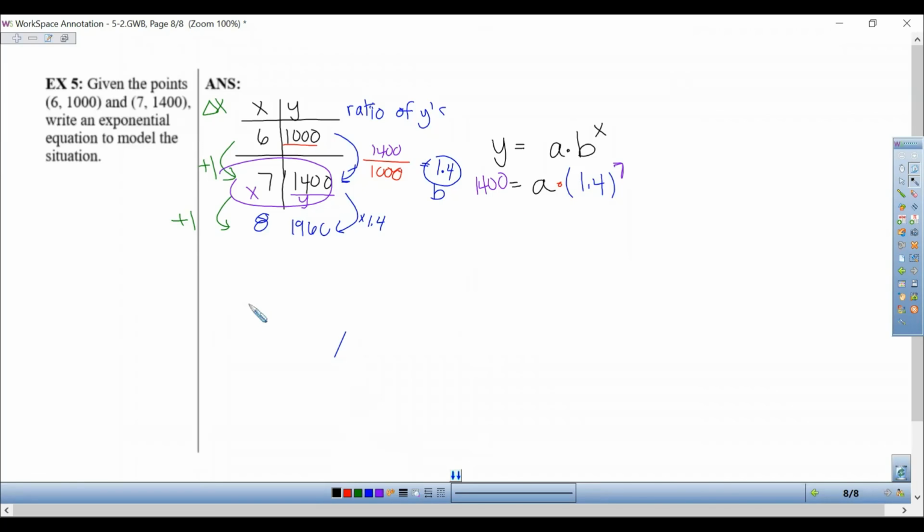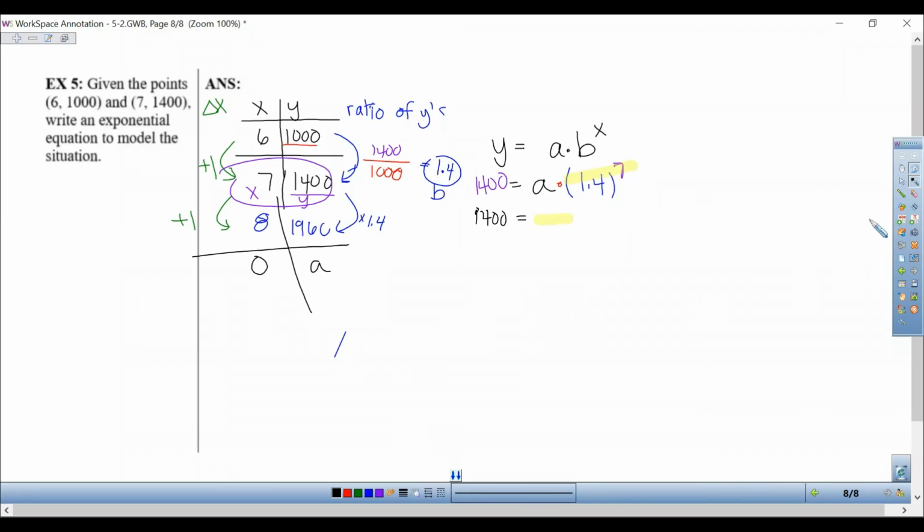Remember that if I had a point on the table where x was 0, the y value would be my a. So I don't want to go all the way back and keep subtracting, and then be dividing until I get that 6 times. So what I can do instead is take 1400 is equal to a times 1.4 to the 7th. If I calculate 1.4 to the 7th, I'm going to move that to become a coefficient.